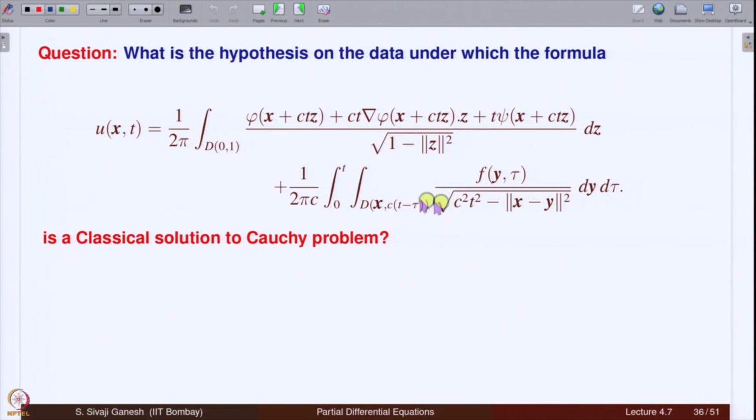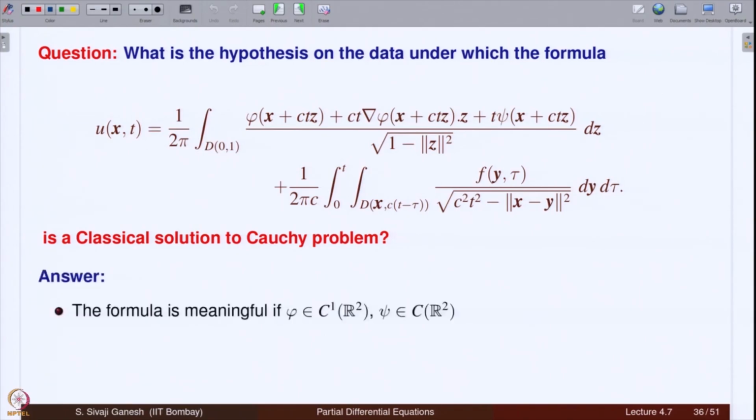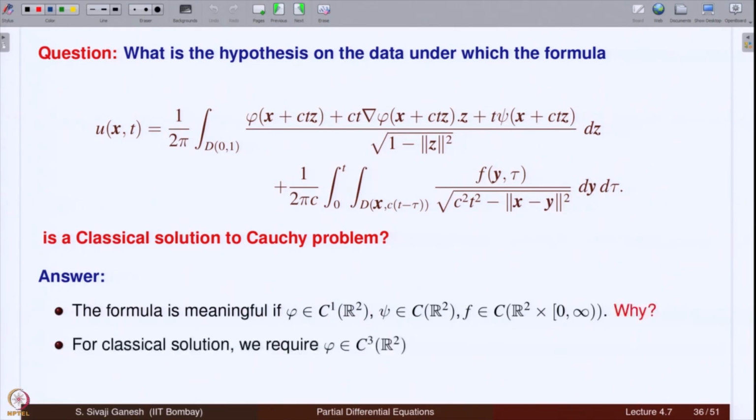No need to see, look at the formula: phi integral is involved, so phi continuous; grad phi integral is there, therefore grad phi continuous, psi continuous, f continuous. We can put such conditions. But then we want a solution for which we need higher smoothness.